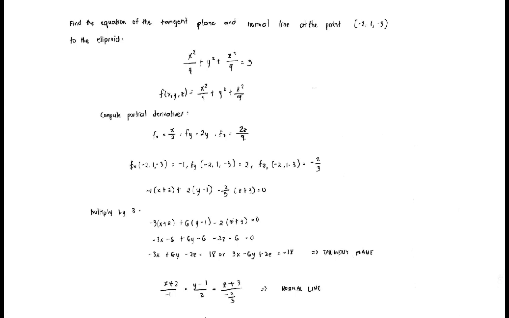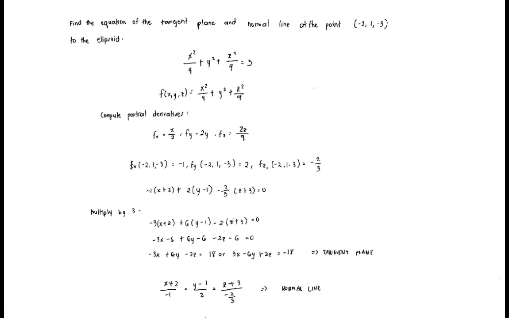So for our tangent plane, based on our formula earlier, we apply it and we now have negative 1 times (x plus 2) plus 2 times (y minus 1) minus 2/3 times (z plus 3) equals 0. So we multiply it by 3. We now have negative 3 times (x plus 2) plus 6 times (y minus 1) minus 2 times (z plus 3) equals 0.